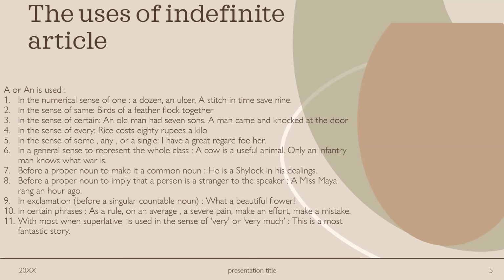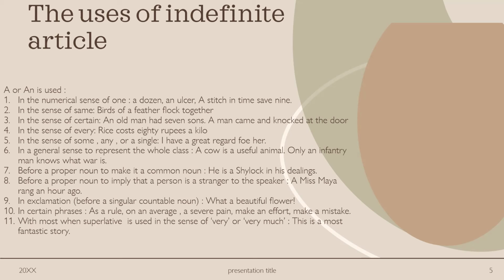In the sense of every, that is, rice costs 80 rupees a kilo, that is per kilo. When you are mentioning it in the sense of every, you use the article a. In the sense of some, any, or a single, that is, I have a great regard for her.